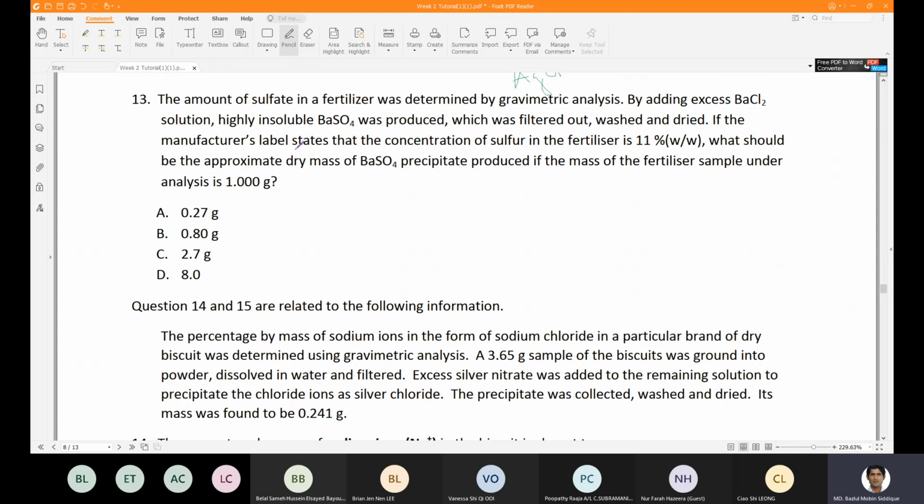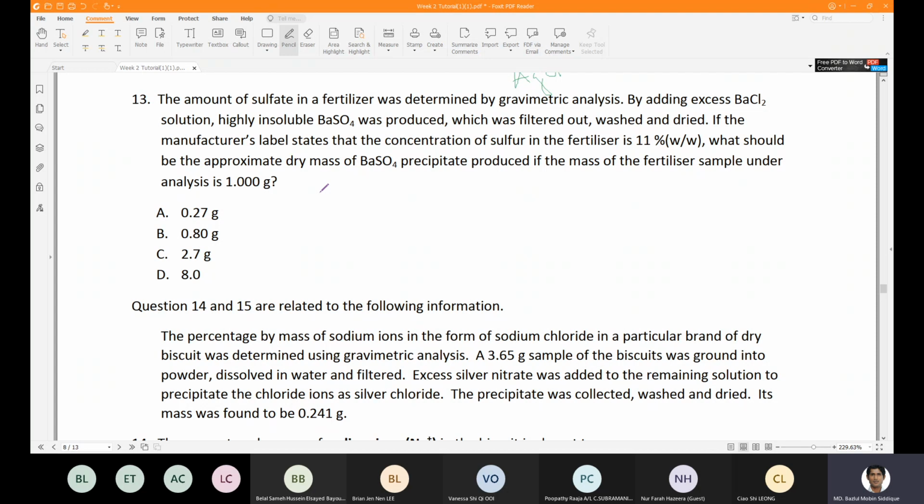If the manufacturer's label states that the concentration of sulfur in the fertilizer is 11%, what should be the approximate dry mass of barium sulfate precipitate produced if the mass of the fertilizer sample under analysis is 1 gram? The amount of sulfate we have to determine, and it was precipitated out as barium sulfate by adding barium chloride.